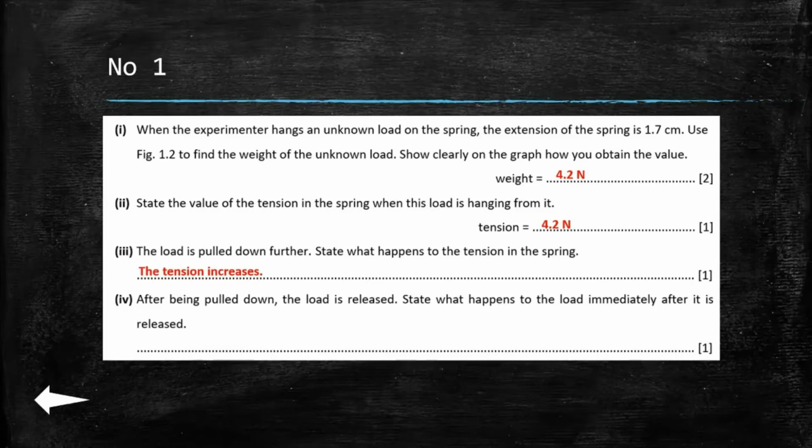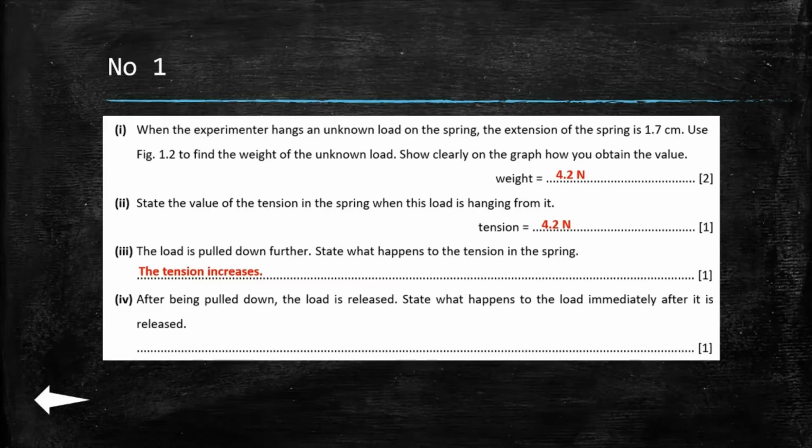Question 1biv. After being pulled down, the load is released. State what happens to the load immediately after it is released. After the load is released, the downwards force will immediately decrease.